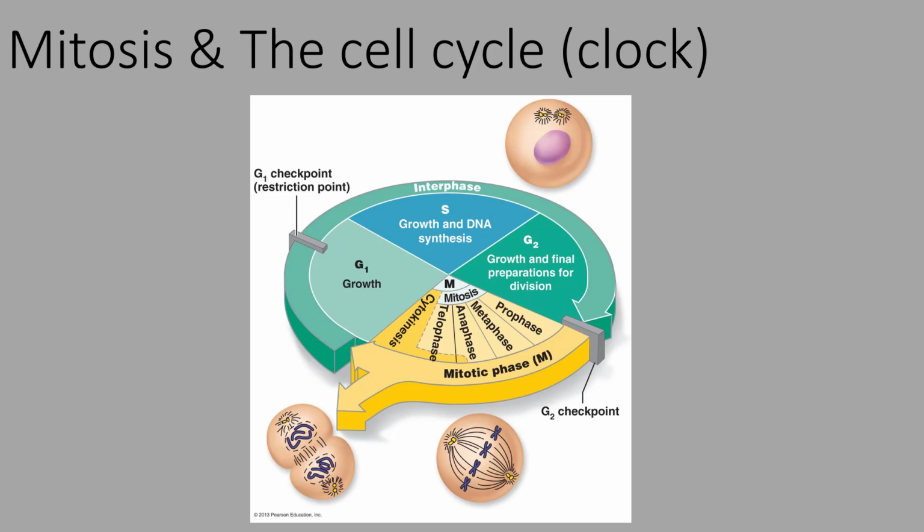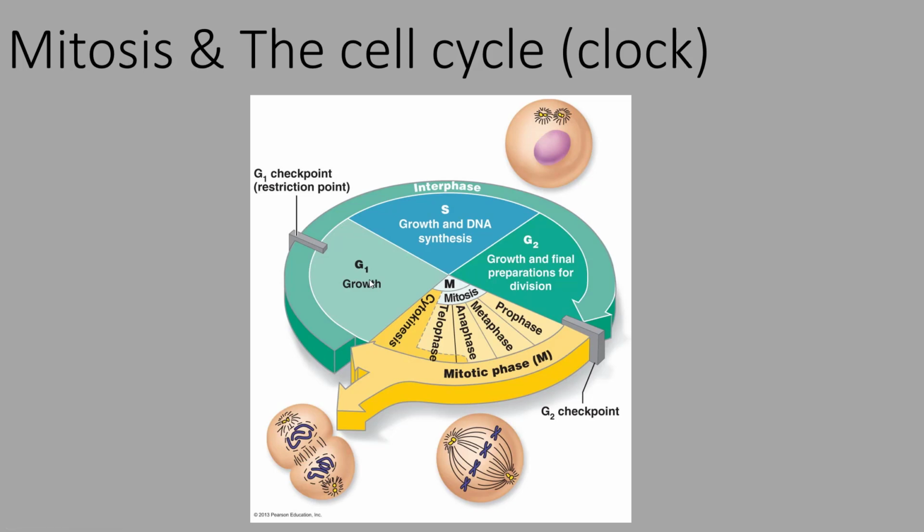But let's say we have a cell that needs to go into cell division. It comes out of G0 into G1, G for growth. And what happens during the G1 phase is the cell is getting bigger.